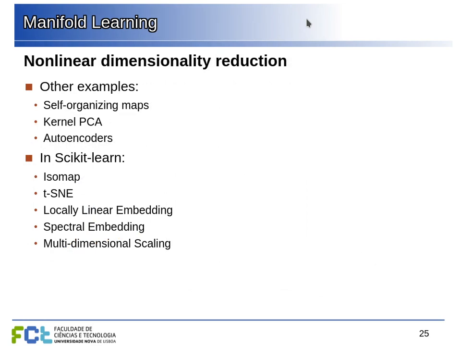There are other ways of doing this nonlinear reduction and trying to keep the structure of the data. We saw self-organizing maps before. There is PCA using the kernel trick to transform the data, so something similar to what we saw with support vector machines, and this becomes nonlinear.